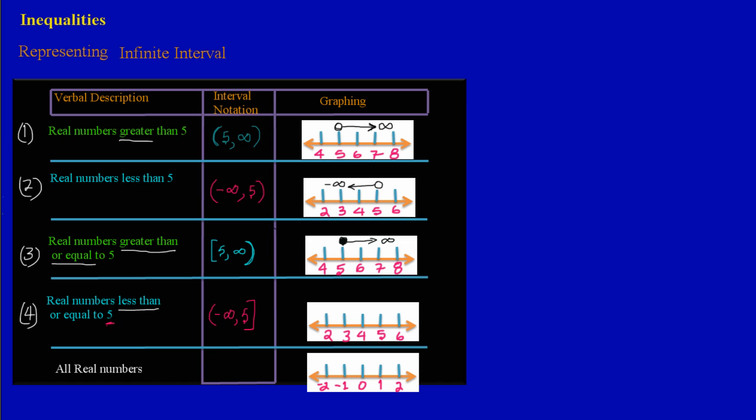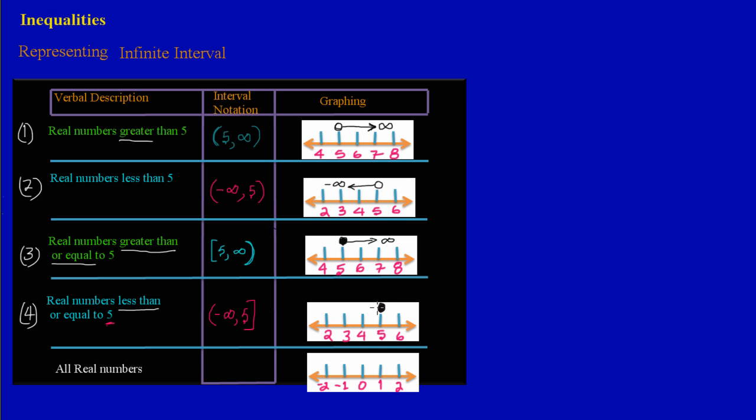Now we're going to quickly represent that on a number line, and again 5 is the boundary, so I'm always going to put my circle over the boundary. But to indicate that it is less than or equal to, I will have to shade that to show that 5 is included.